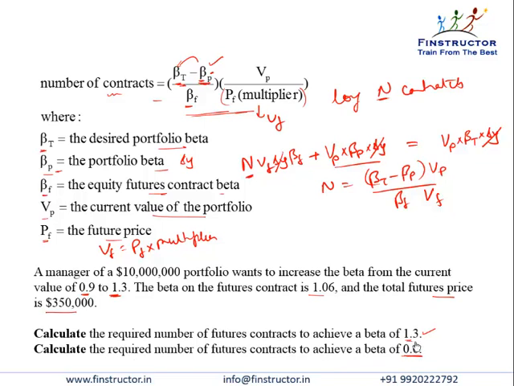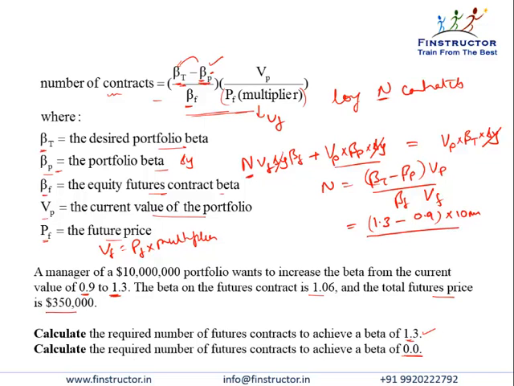So for a beta of 1.3, we can again substitute in the equation that we've just derived. The target beta is 1.3. The current beta is 0.9. The value of the portfolio is equal to 10 million.